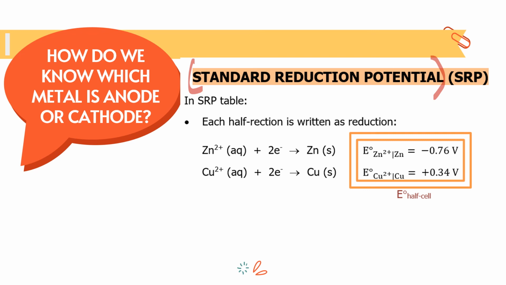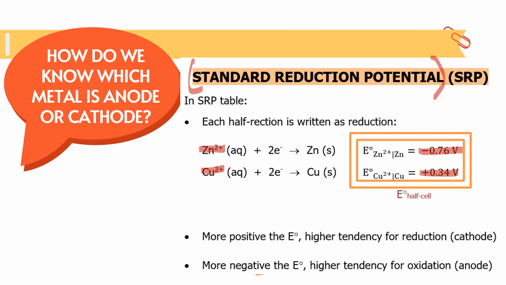So the values over here, negative 0.76 and positive 0.4, show how easy it is for the reactants over here, sorry, not the metal, to undergo reduction.